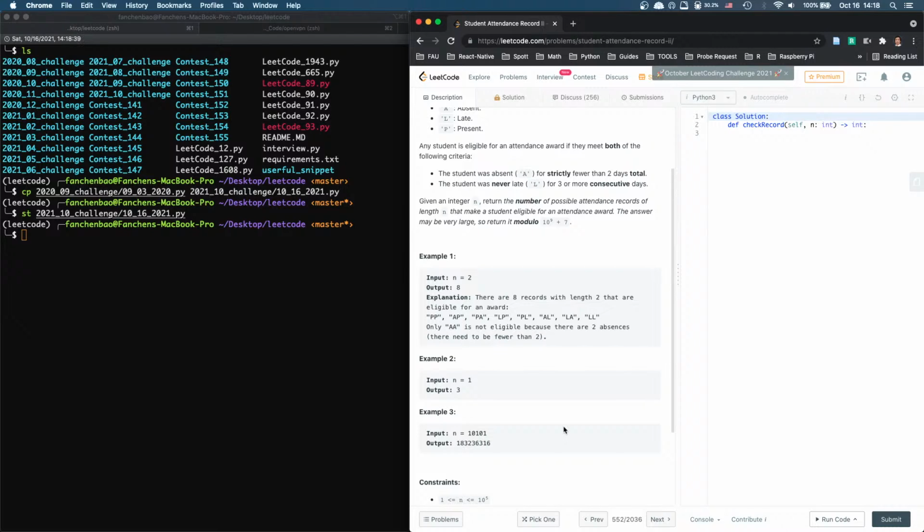And if the first one is an L, then the second one has 3 situations, because we only have 2, so it's 3. So added together, that is 8. That's exactly what this is, right? 8. Okay, how about 3?